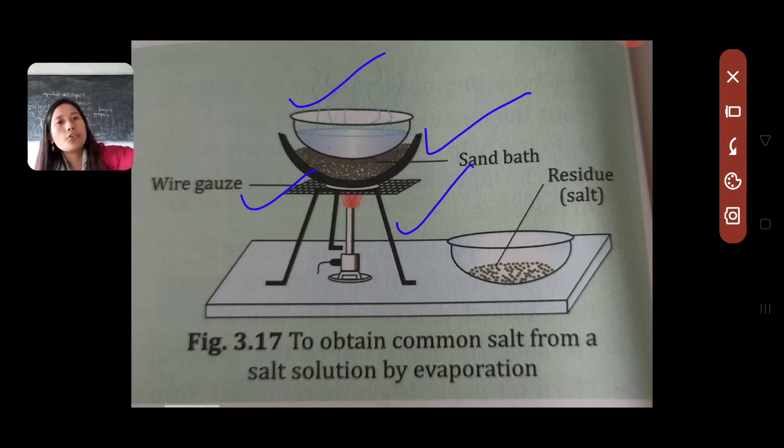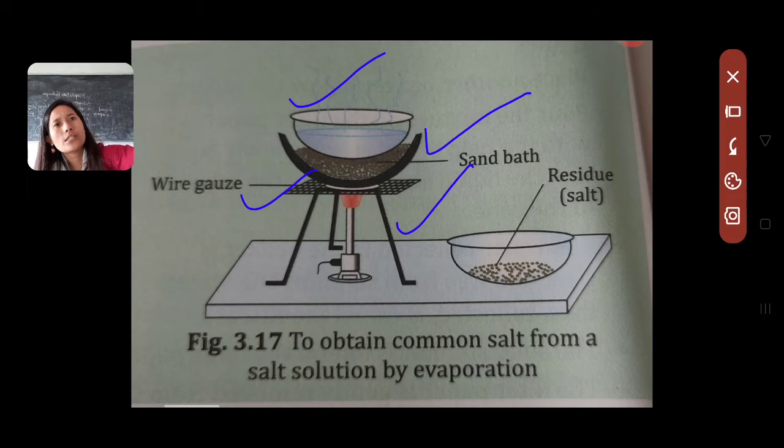What will you do? You light up the heat, and when you supply heat, the sand will be heated up, and the salt solution in that container, when supplied with the heat, will obviously get converted into vapor and be released into the atmosphere.